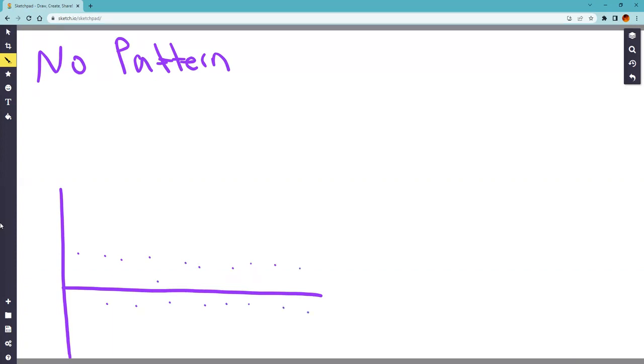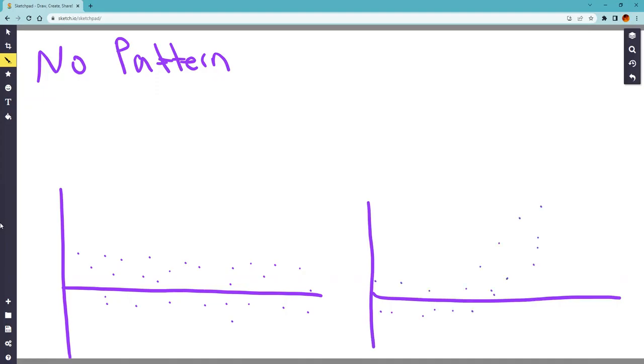That's not a pattern, because they're kind of just all over the place. But how about this? Let's say we have something like that. Oh, well, that's not so good, right? That kind of looks like a pattern.